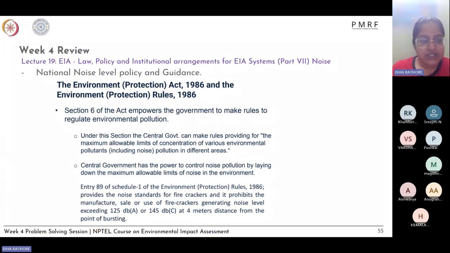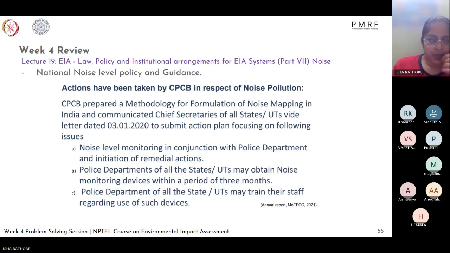Entry 89 of Schedule 1 of the Environmental Protection Rules provides noise standards for firecrackers, and it prohibits the manufacture, sale, or use of firecrackers generating a noise level exceeding 125 decibels or 145 decibels at 4-meter distance from the point of bursting. So several rules are there under different protection acts relating to noise.